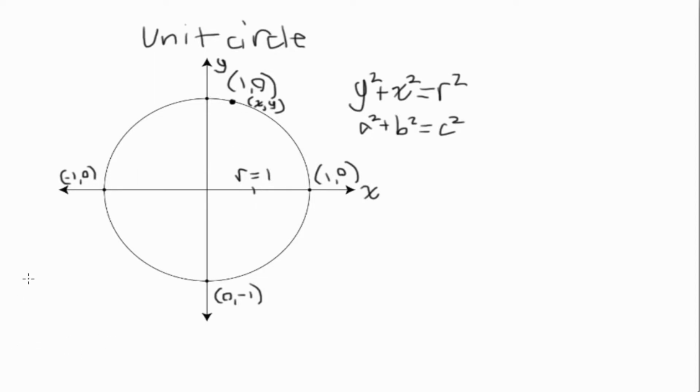So in trigonometry, we use sine, cosine, and tangent. Let's write our old SOHCAHTOA up here. The sine is the opposite over hypotenuse, the cosine is the adjacent over hypotenuse, and the tangent is opposite over adjacent.